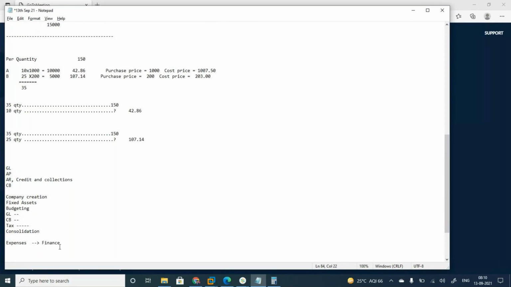It is a part of finance because you are referring to MB 310, am I right? Yes. Okay, so I will try to cover this also to some extent. Till now, in previous batches I have not explained this, but I will cover expenses in this batch to some extent.